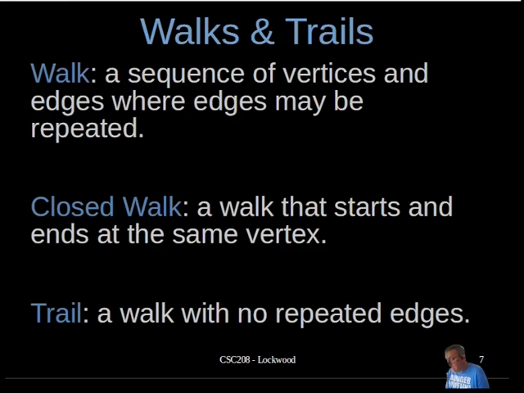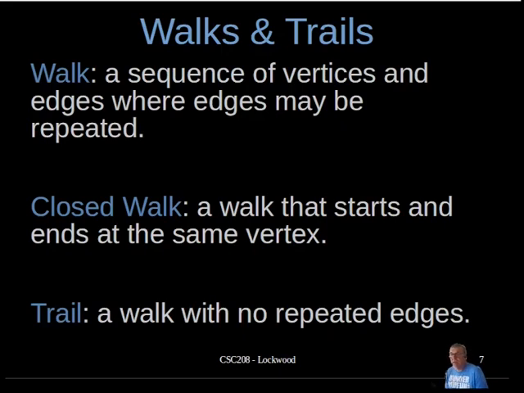All right, we have a lot more terminology here, and these things all are going to sound similar, but we'll summarize it at the end. So a walk is a sequence of vertices and edges where edges may be repeated. A closed walk is a walk that starts and ends at the same vertex.